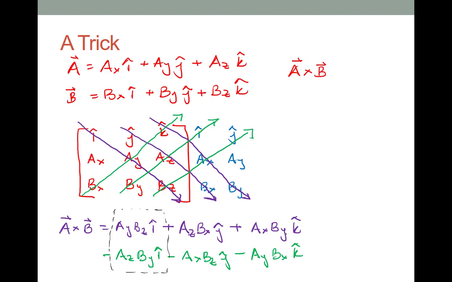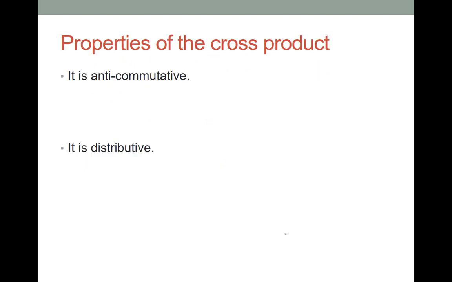Let's look at some properties of cross products. First off, it's anti-commutative. Anti-commutative? Not as scary as it sounds. That just says that A cross B is going to be the negative of B cross A. Okay. It's also distributive.